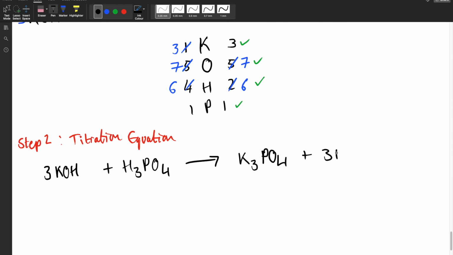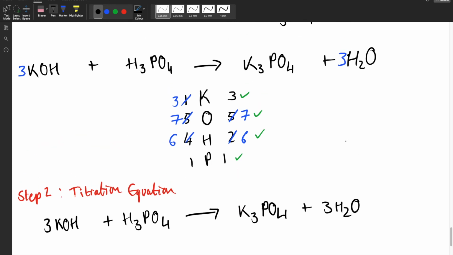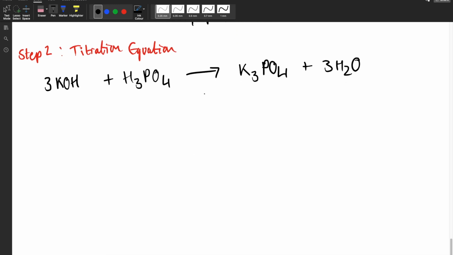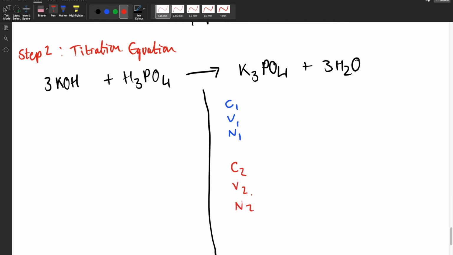And make sure that you've written that out correctly. Just saying. And we're going to do exactly what we did before with our C1, V1, N1, C2, V2, N2. Exactly as we have done for all of the previous examples.